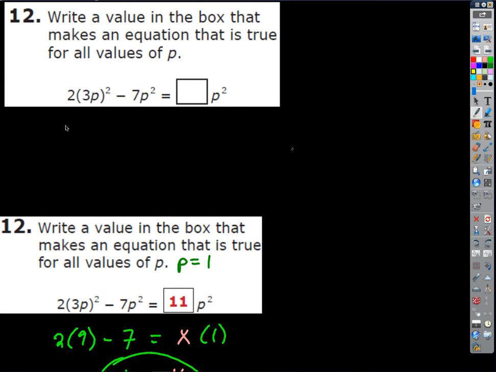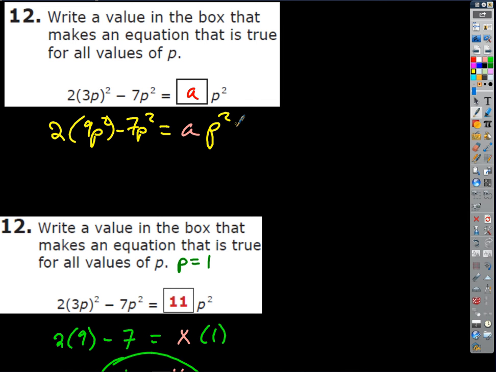Good, so we're going to get 2 times 9p squared minus 7p squared equals, let's call it a, times p squared.